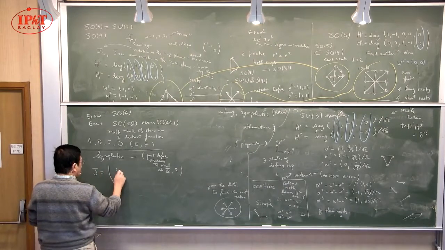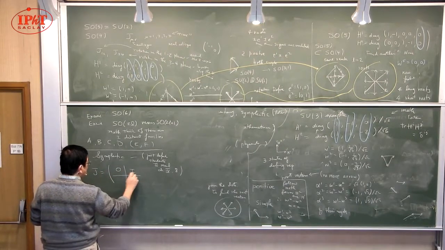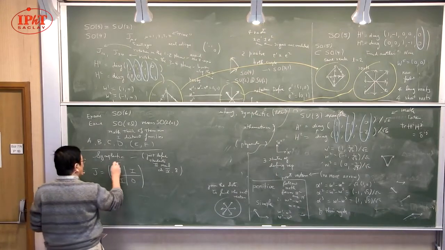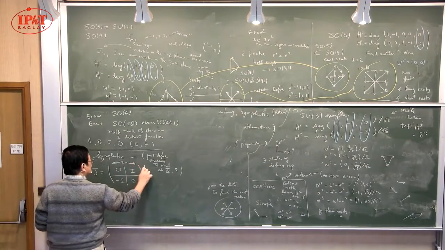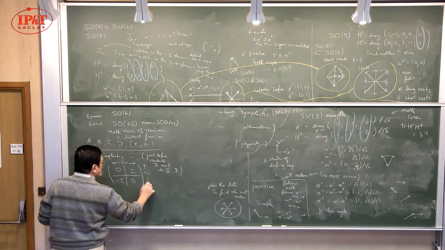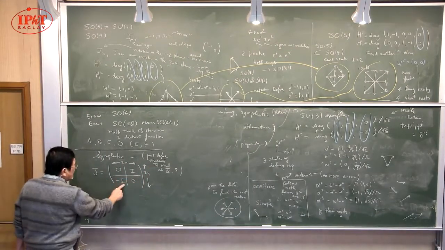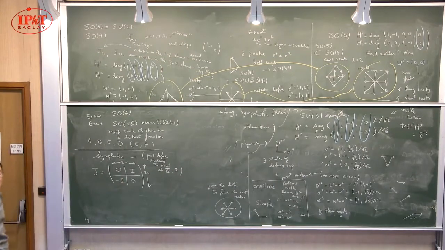Okay, so to talk about the symplectic groups, you first have to define a matrix J, which is 2n by 2n, in which you put the identity matrix here and minus the identity matrix there. Okay, so J is an antisymmetric matrix.